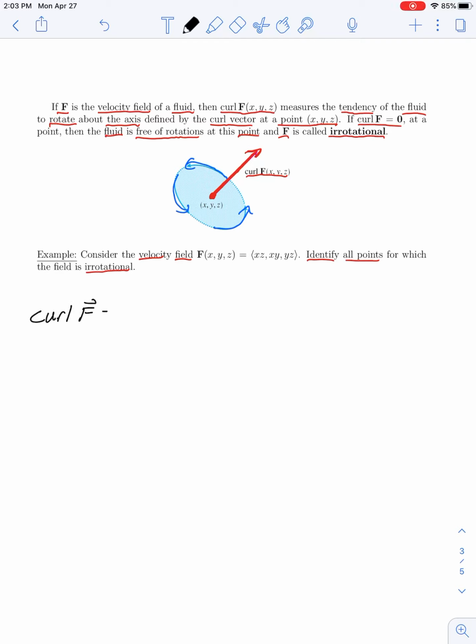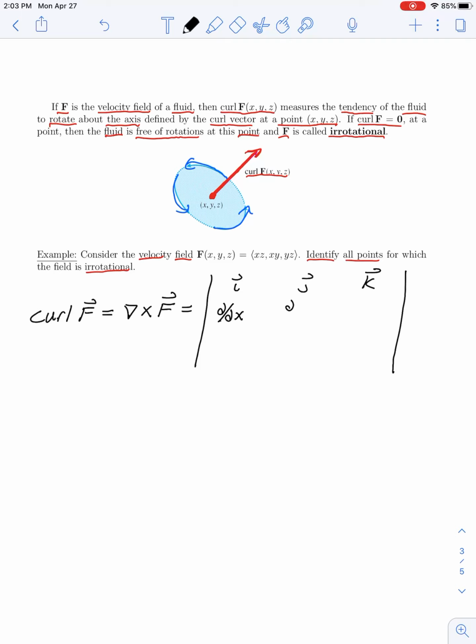So here, the curl of f, again, is thought of as the cross product of the gradient operator with our vector field. So that is the determinant of the 3x3 matrix, whose first row consists of the standard basis vectors i, j, and k. Our second row consists of the elements of our gradient operator.